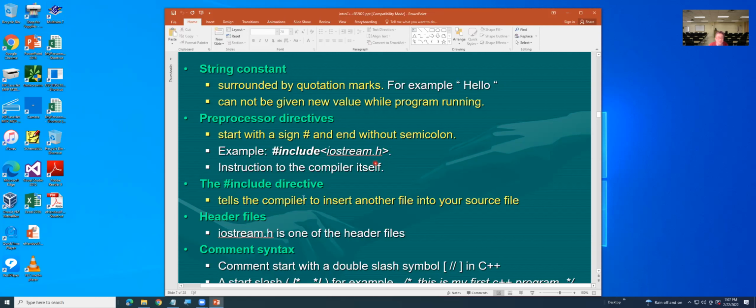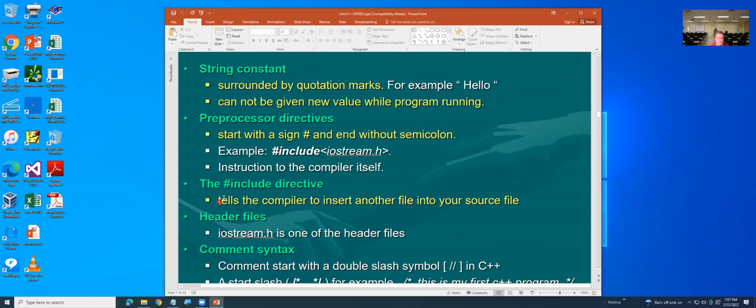When they say include iostream.h, that means they go to the library from Microsoft and load it into the memory of the computer. But your computer can use whatever is inside that library.